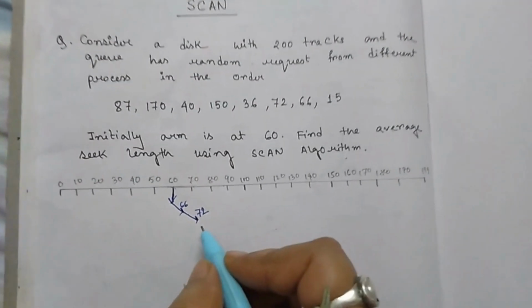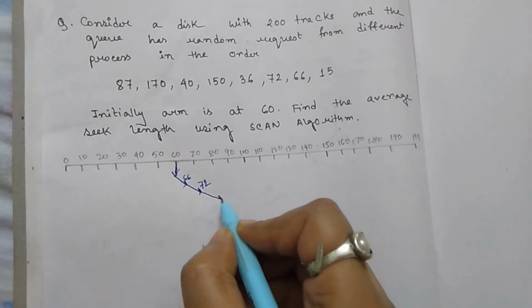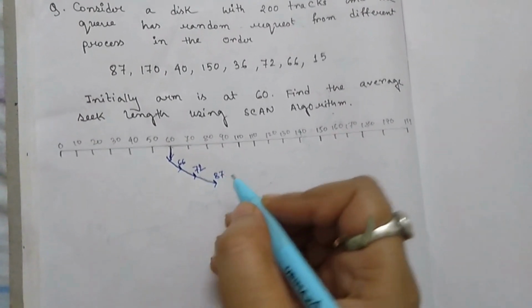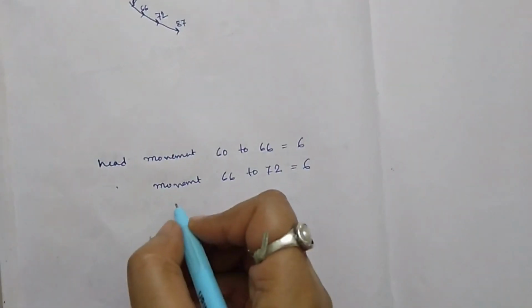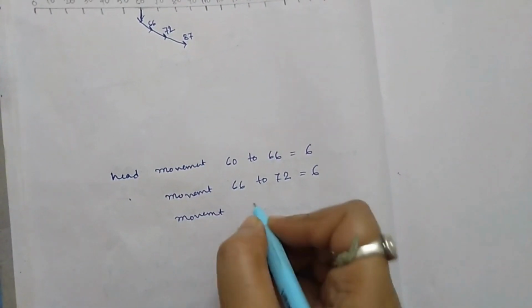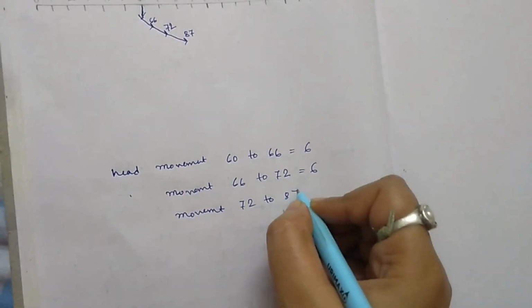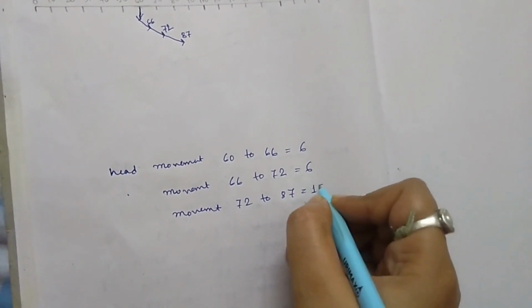The next nearest value of 72 is 87, and again we calculate the head movement. 72 to 87, so the gap is 15.